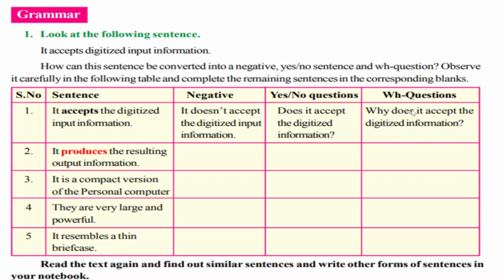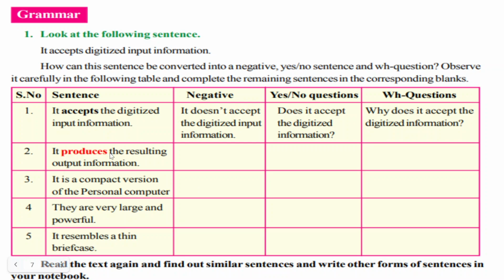Just we have added why here. So, why does it accept the digitized information? Instead of why, you can put when also. When does it accept the digitized information? How does it accept the digitized information? Like that. So select these sentences and complete this table also.